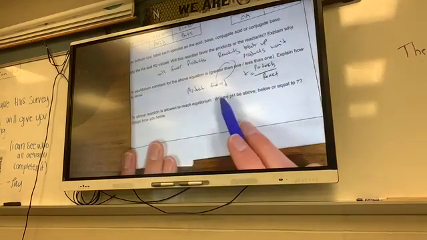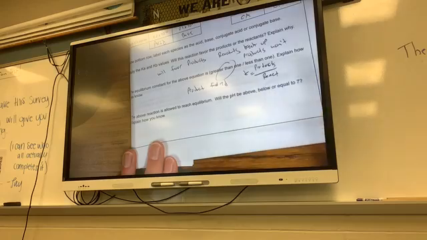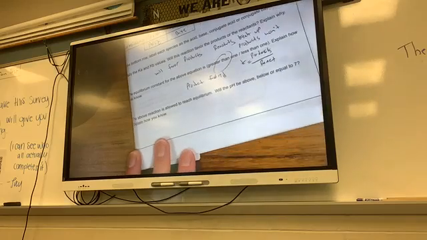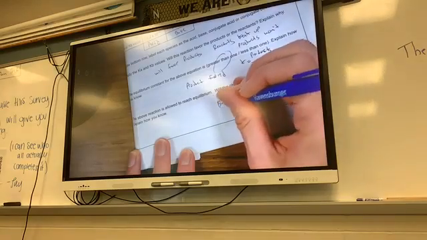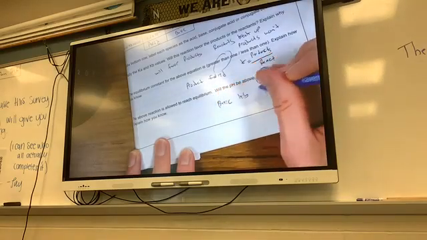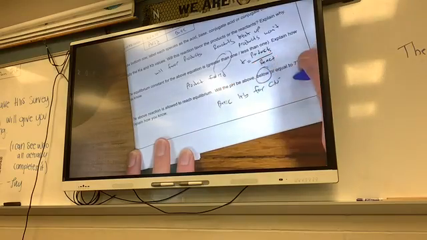The above reaction is allowed to reach equilibrium. Will the pH be above, below, or equal to 7? Above, because it's basic. The Kb for CN minus is higher.